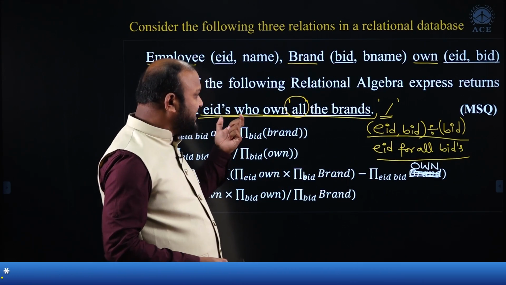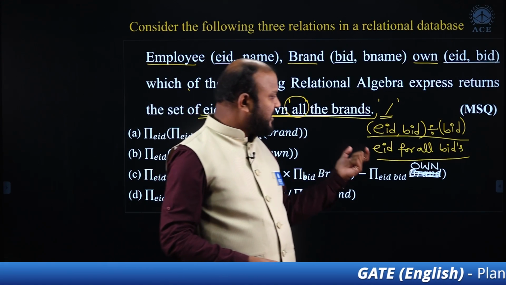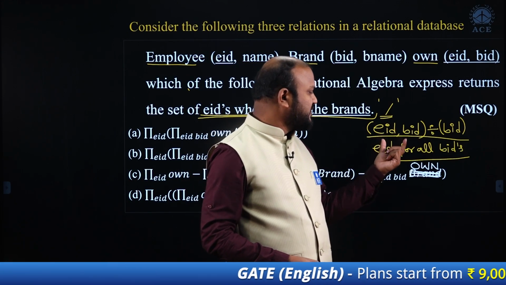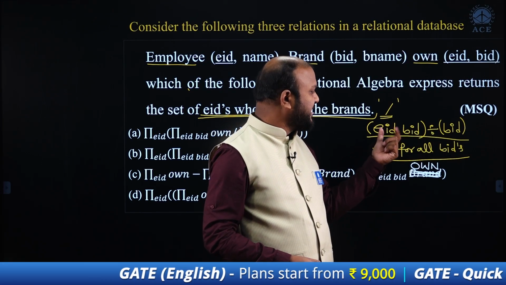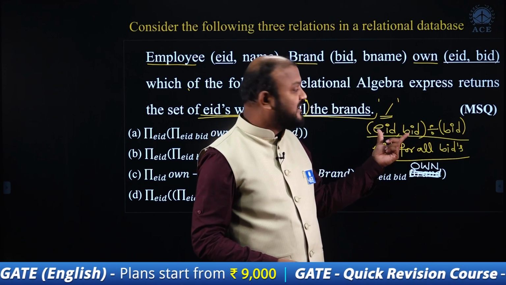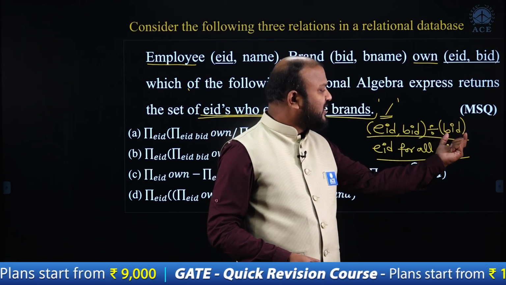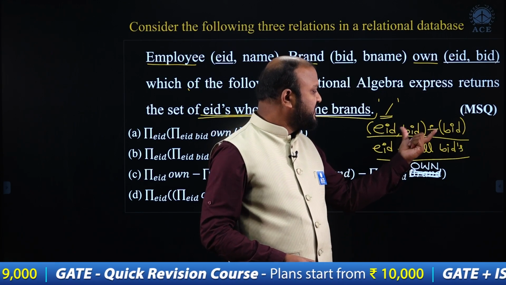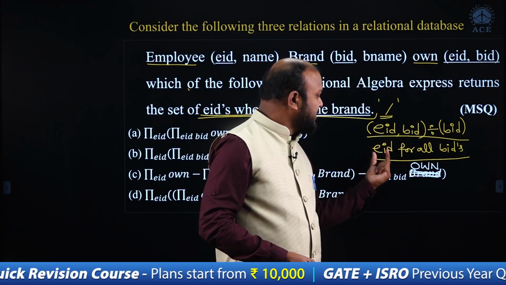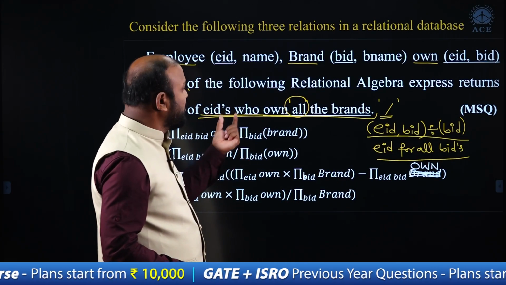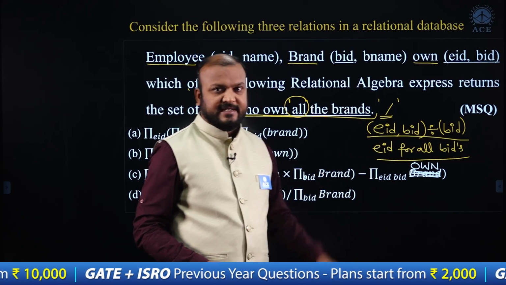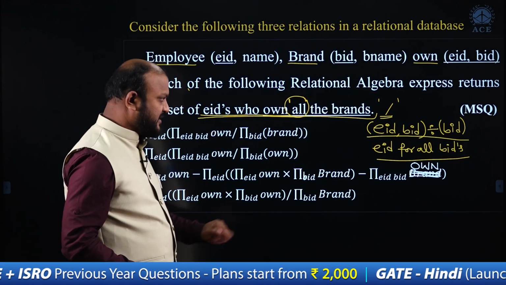It means we have to get an expression in this form, where an expression finds EID, BID, meaning the employee ID and which brand IDs that employee owns. If you perform a division between them, we get the employee IDs who own all brand IDs in the output.